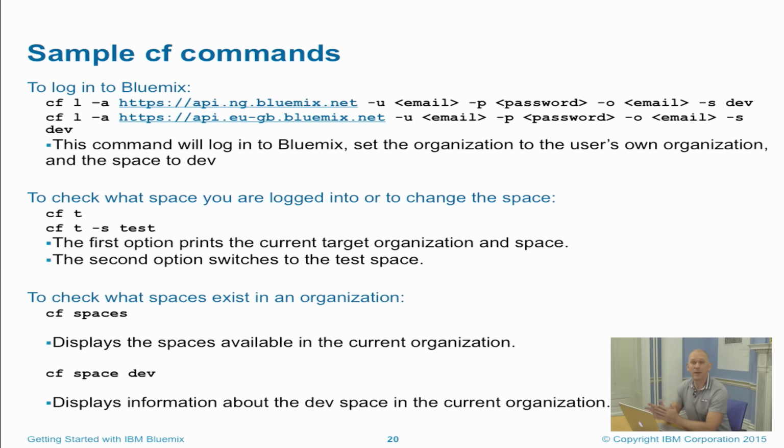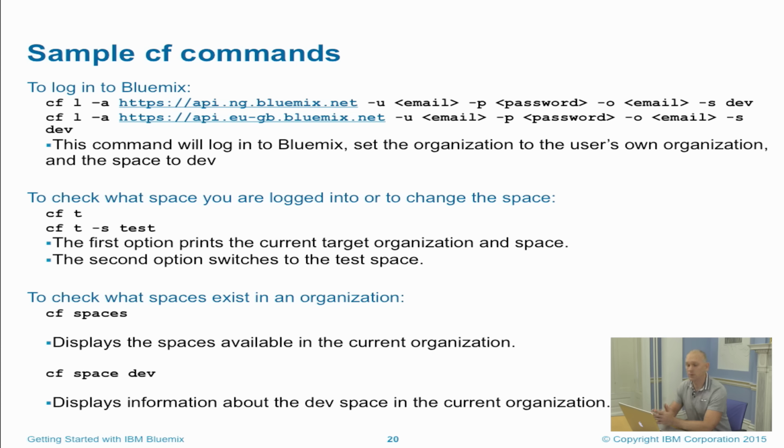When you use the command line, the first thing you've got to do is sign into Bluemix. So the login command is the first thing you'll do. And this is where the regions come into play, because you log into a specific region. I've included here on the slide how to log into the US South and the European GB region.